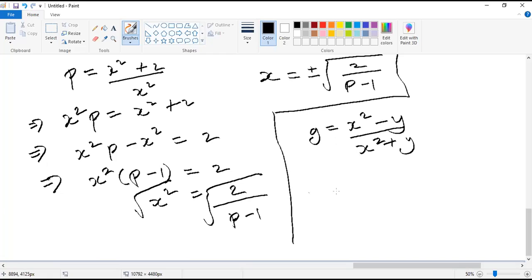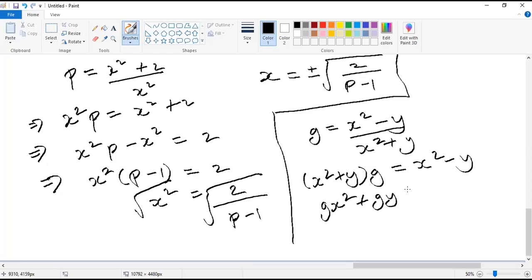All right, so now we just multiply it out: G, y. I don't know why I'm writing it diagonally, but just bear with me.